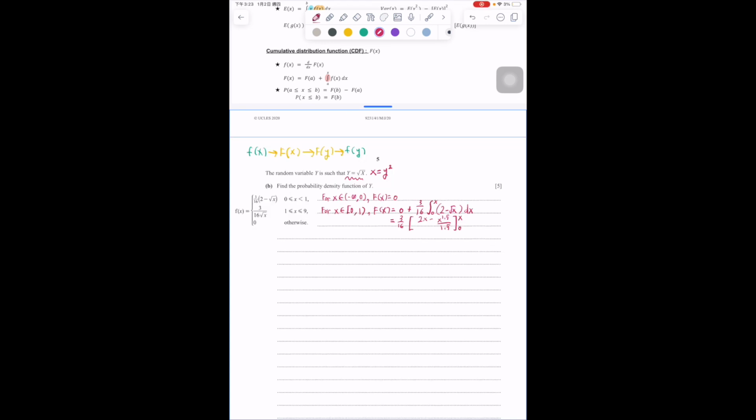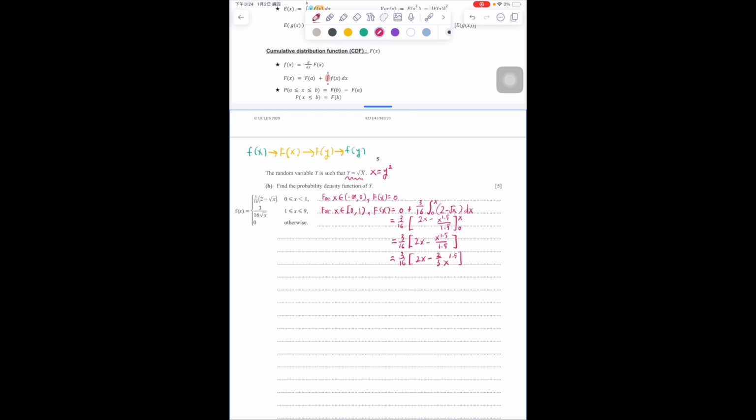So here we have 3/16, and then we can substitute our x first, so nothing changes. Okay, and then minus 2 times 0 plus 0 to the power of 1.5 right here. So they're just 0, so you don't have to write them. And then we can make it look better. So we have 2/3 and then 1/5 here.